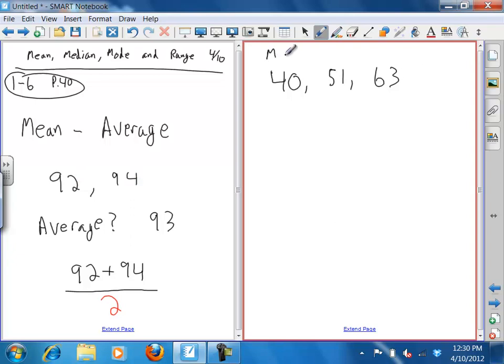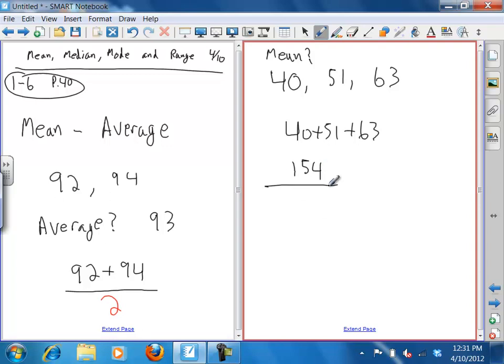So what's the mean of these numbers? Well, we got to add them up, right? So we add up 40 plus 51 plus 63. And what's that going to give me? 154 for our numbers, because 40 plus 51 plus 63 is 154.